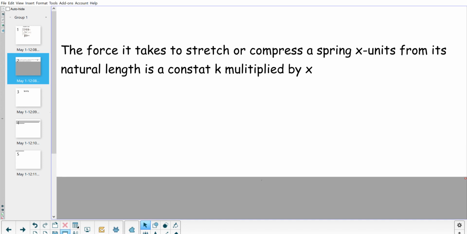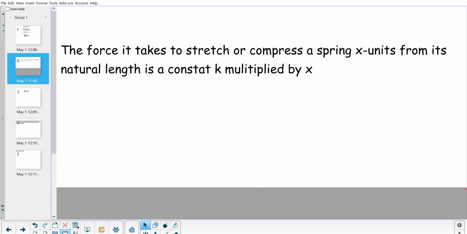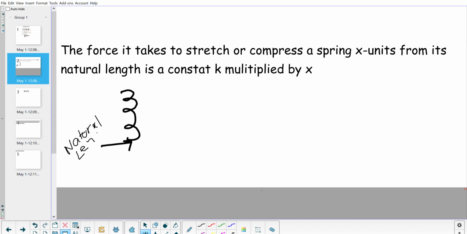So a few things. I'm going to draw a spring. Let's say this is the natural length right here. Okay, so this is the natural length.